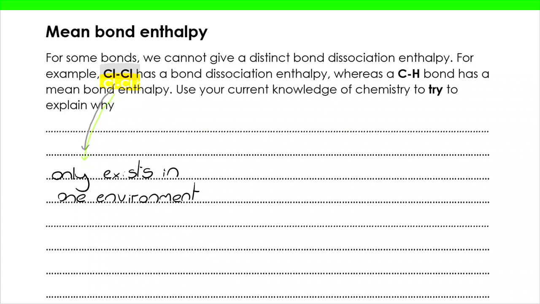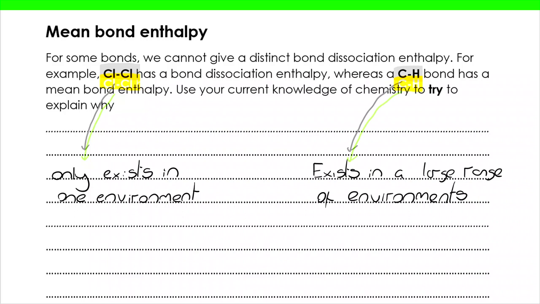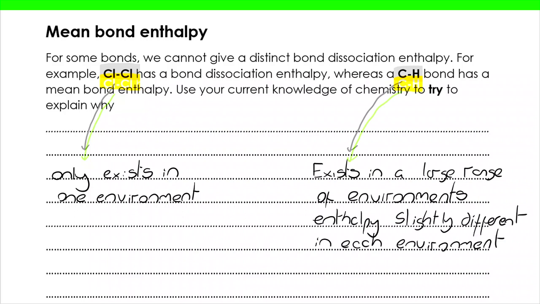But actually, a CH bond can exist in a range of alkanes, but also in alkenes, in alcohols, in aldehydes, in ketones, in carboxylic acids, in esters, etc. And in every single different compound, there will be a very slightly different CH bond enthalpy. And so when we talk about the mean bond enthalpy, that's taken as an average over a range of different compounds.